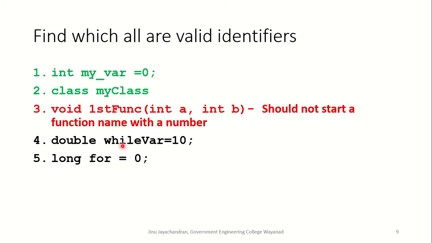But since the keyword has something extra, if you look at it as a complete word, it is not a keyword. So this is fine. But for the last one, long for, for is a keyword, and a keyword is declared as it is in an identifier, which is not permitted.